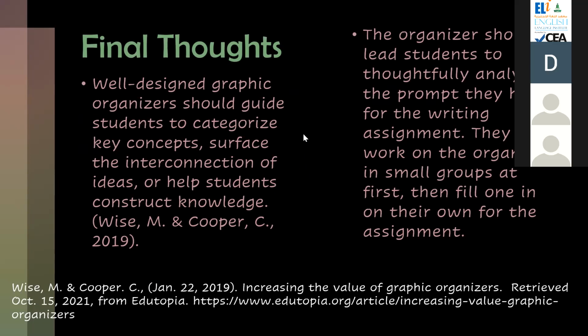Wise and Cooper says that well-designed graphic organizers should guide students to categorize key concepts. I think there's a misspelling and I do apologize, but it is to bring to the surface the interconnection of ideas, help them really see how ideas are interconnected, and it can help students construct knowledge.